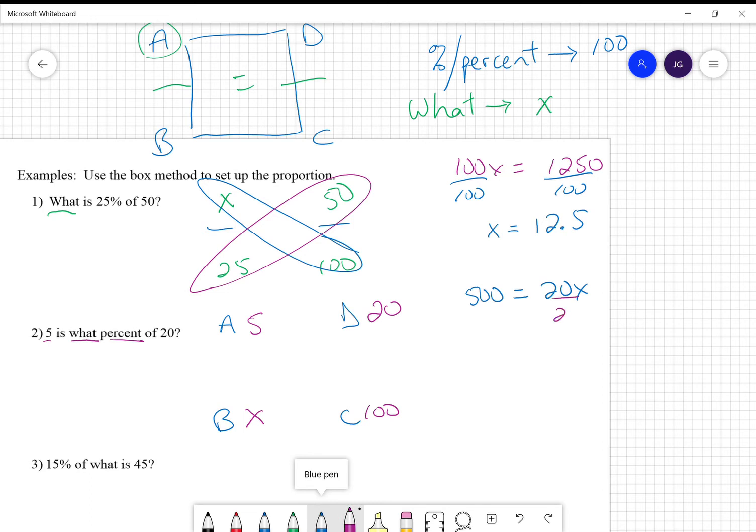Divide both sides by 20. X equals 25, and then make sure when you have a percent, you label it with the symbol. Write that over. Make sure to label the 25 as 25%. One of the nice things about the box method is that you don't have to worry about multiplying that by 100 as you do in the translation.